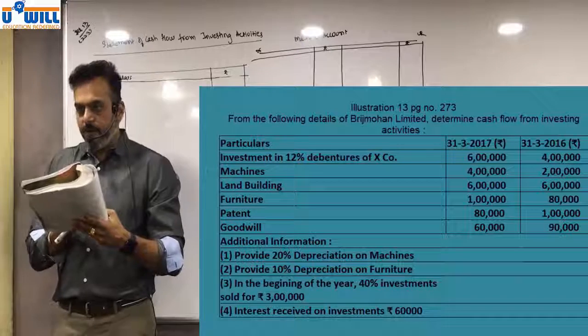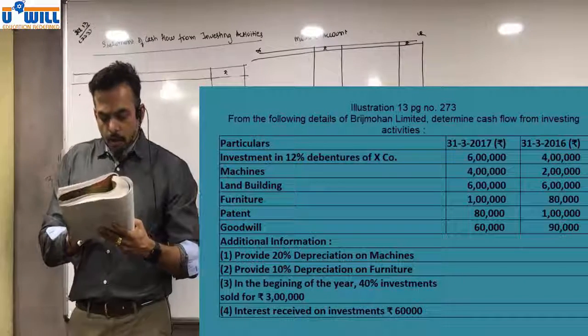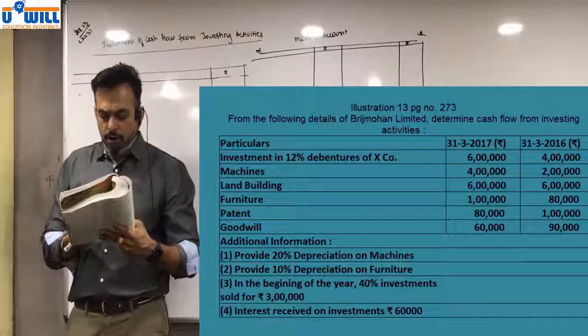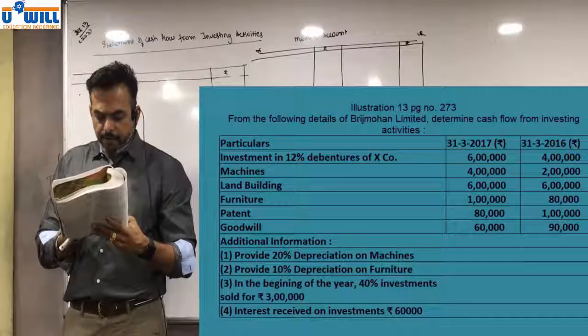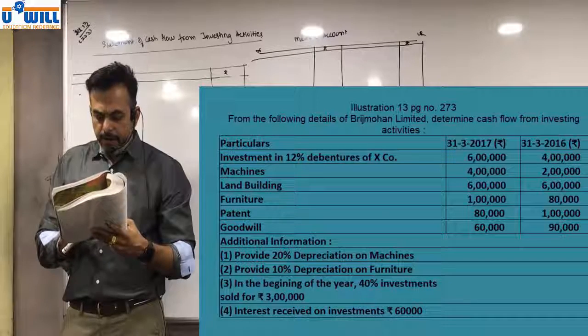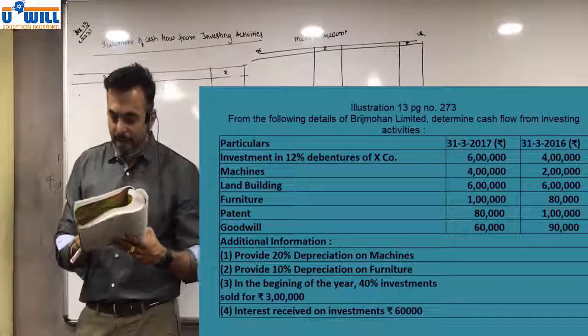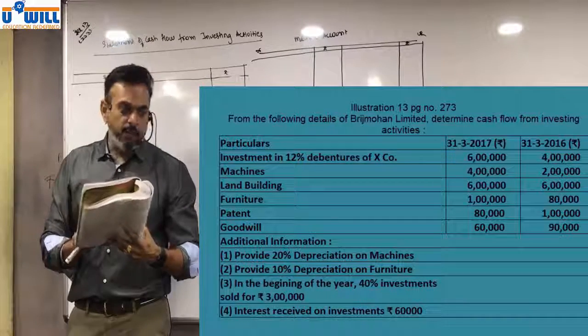Let's go through the additional information and then we revisit the above. Additional information. First, provide 20% depreciation on machines. Okay. Provide 10% depreciation on furniture. In the beginning of the year, 40% investment sold for 3 lakh and interest received on investment 60,000.